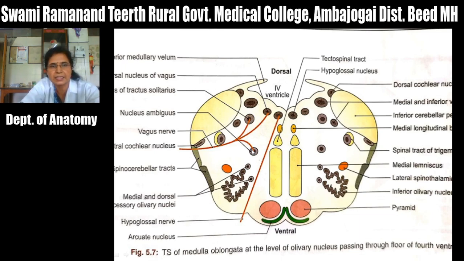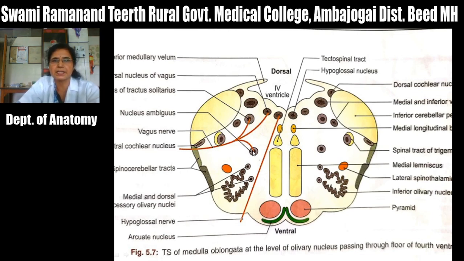Fibers arising from this nucleus go through the 9th, 10th and 11th cranial nerves and supply muscles of the soft palate, pharynx and larynx.